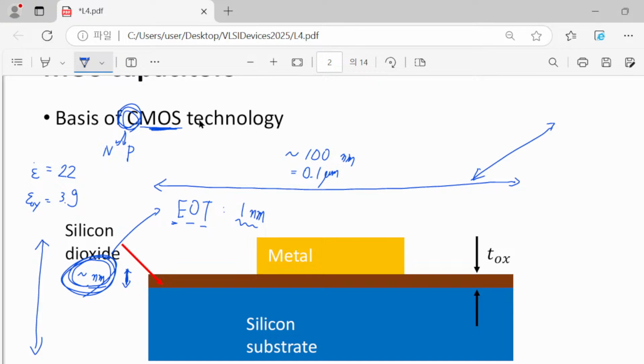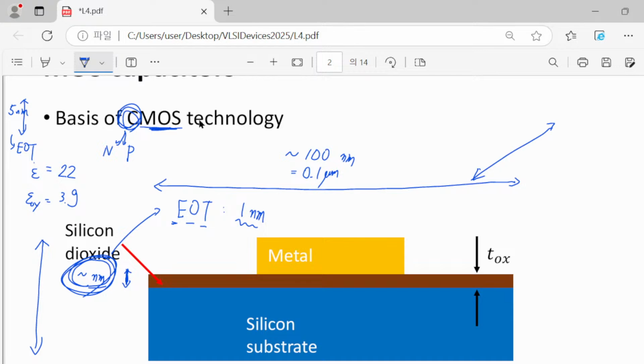For example, if you have a 5 nanometer thick hafnium oxide layer, and we convert it to EOT, equivalent oxide thickness, then it contributes only about 1 nanometer. So that is the situation.